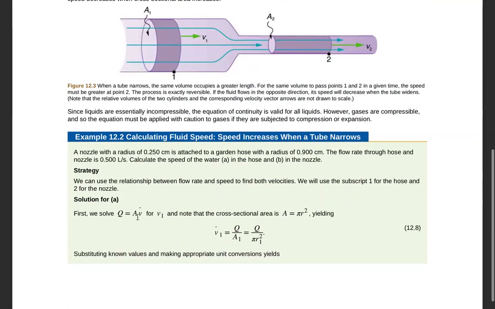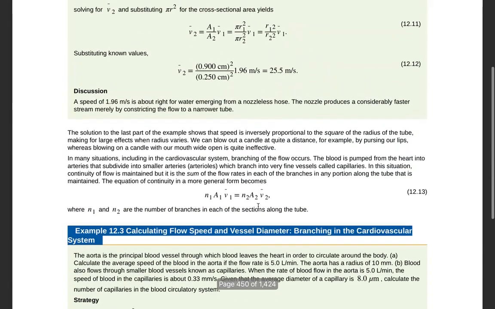Okay, so first we have to solve for velocity 1. We have velocity 1 equals Q over A1, but we know that the area of a cylinder is pi r squared. You have to be sure to use the right radius.